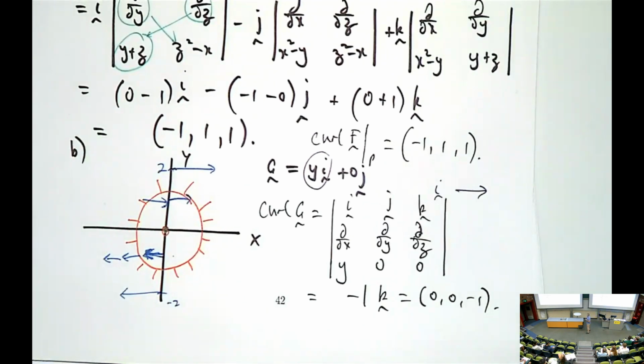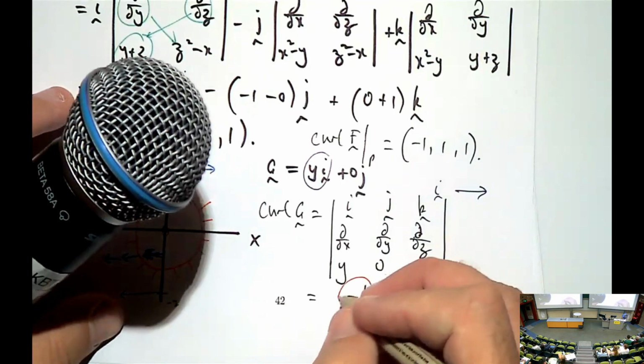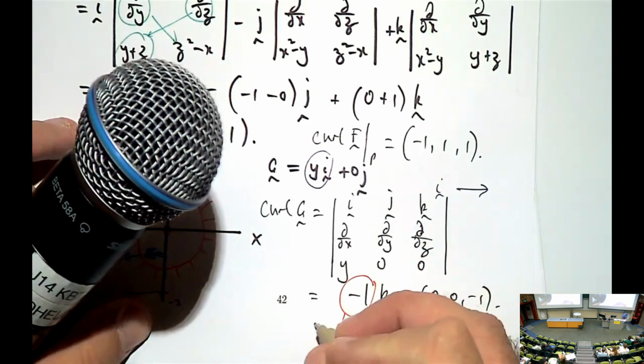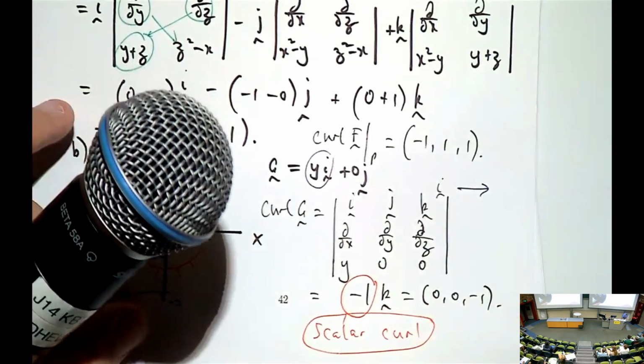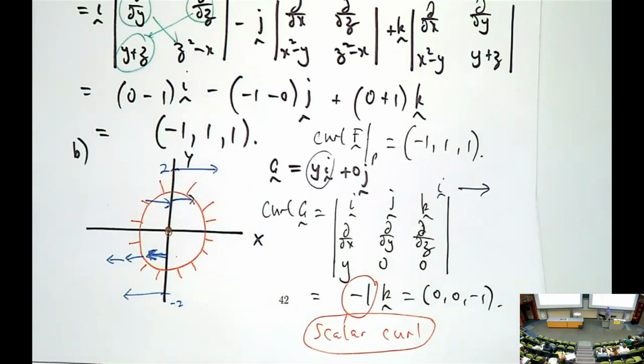Okay? Now, let's just think about the coefficient there. What is the k component? We can talk about that number as what we call the scalar curl. Usually curl's a vector unless we do something different, right? That's a number.